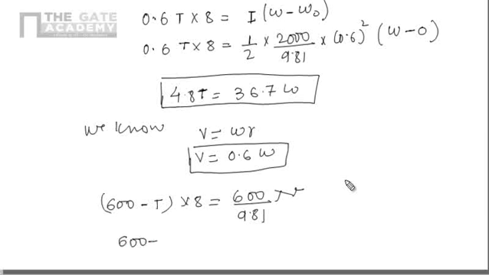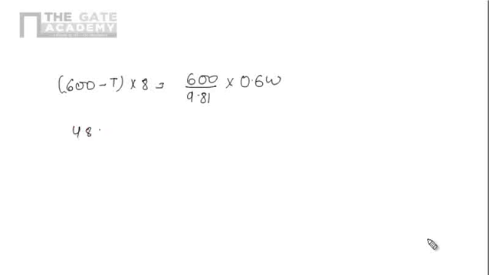So 600 minus T into 8 equals 600 by 9.81 into 0.6 omega. So this one is 400 minus 8T, and this one will be 36.7 omega.